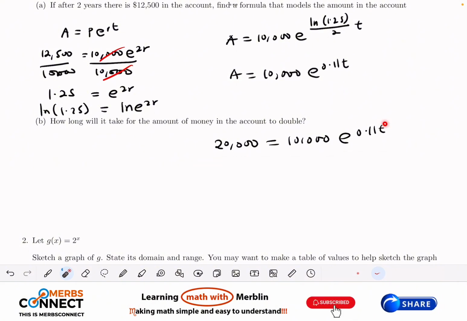So we want to look for the time that is going to make this money double. That is, after how many years are we going to earn 20,000? That is 2 times that.